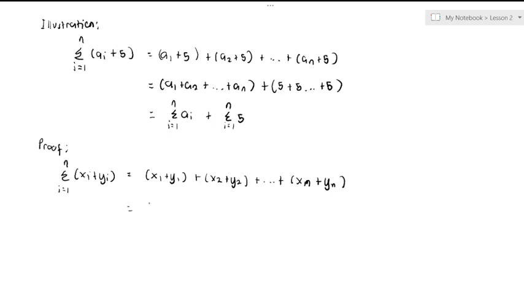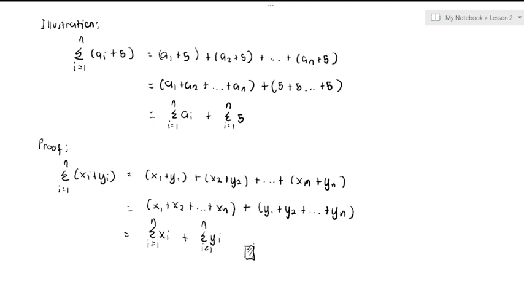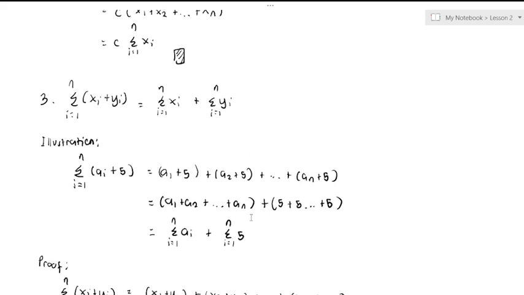So, tulad ng ginawa natin kanina, this is simply x sub 1 plus x sub 2 up to x sub n plus y sub 1, y sub 2 up to y sub n. So, this is equal to summation of x sub i, i equals 1 to n, plus summation of y sub i, i equals 1 to n. So, that's how we prove this property.